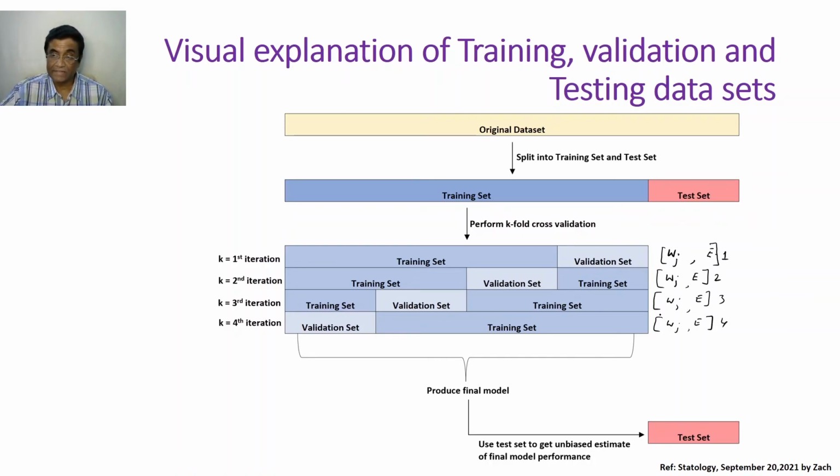And once the parameters are fixed and the designer is satisfied, then the predictor design is over, and you produce the final model. With that final model, you test. So what is the test error? For example, you do not want more than 5% test error. If you get more than 5%, then you will have to go back and start again from here.